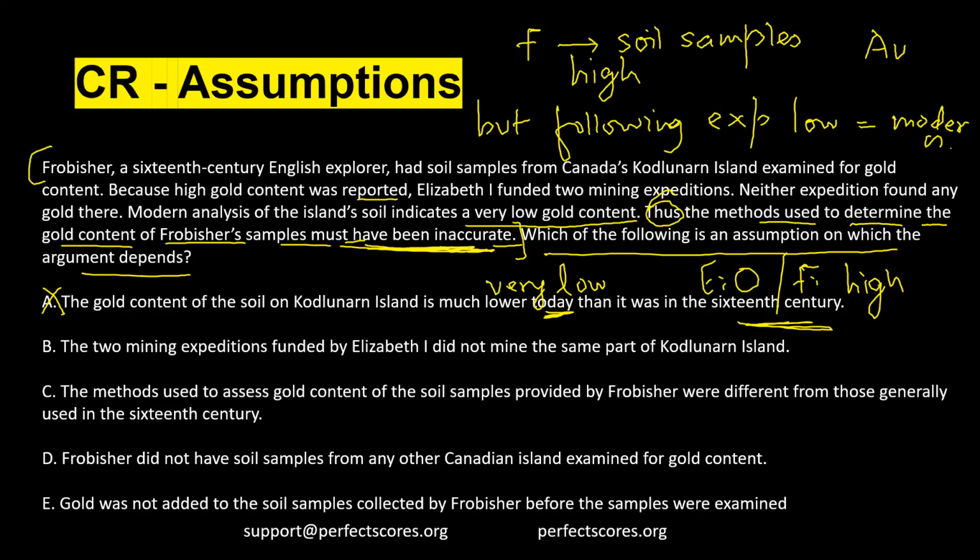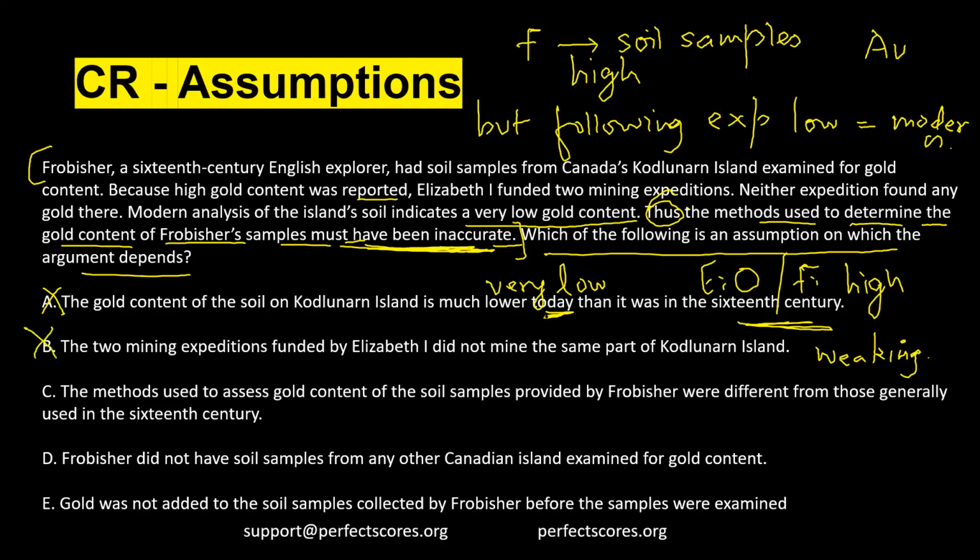This is something that has the possibility of weakening the argument. Because if B is true, that means Frobisher found gold, but at some other part of the island. Elizabeth's expeditions did not find gold because they were looking at the wrong part of the island. So B is not the answer.